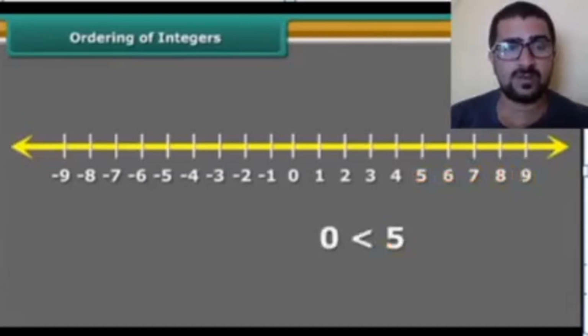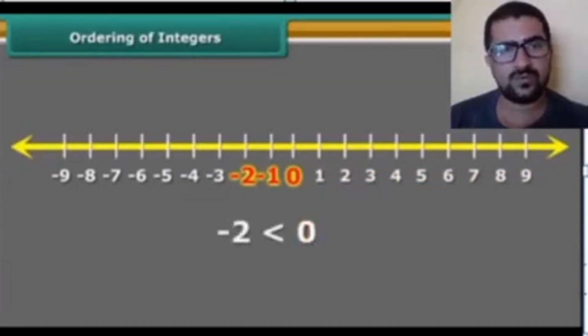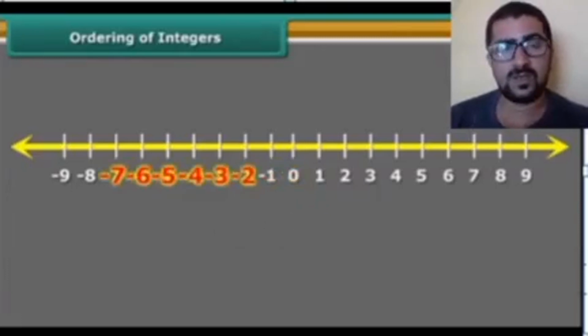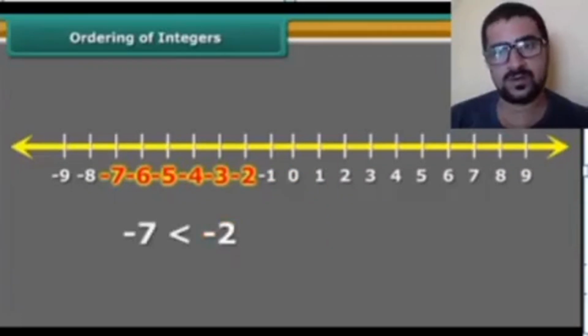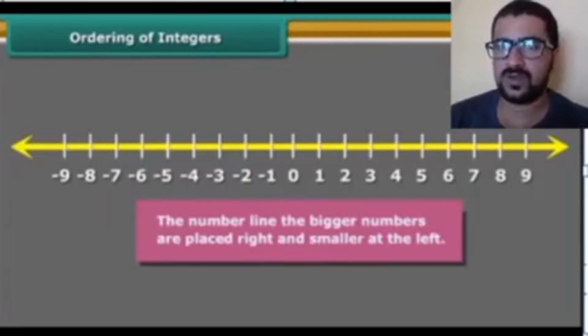Similarly, 5 is greater than 0, so it is placed to the right of it. Since 0 is to the right of -2, it is greater than -2. Again, -2 is on the right of -7, so -2 is greater than -7. Thus, we see that on the number line, the bigger numbers are placed right and the smaller at the left.